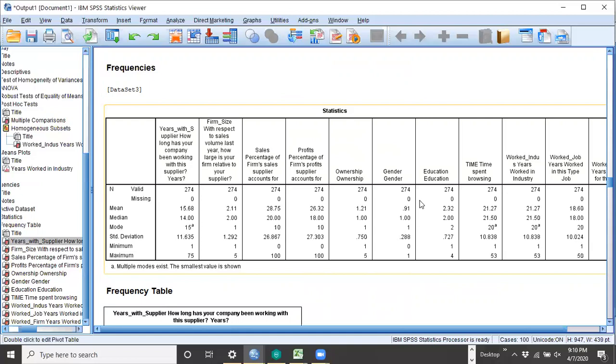Now, when it comes to directional hypothesis, so this one was non-directional. We said we really don't know where the difference is, but we think there is a difference. If we were hypothesizing that, let's say, males have worked more in the industry than females in terms of years, our null hypothesis would be the opposite and covering all other alternative solutions, meaning if we hypothesize that males work more, our null would be that females would have worked less or equally as much as males.